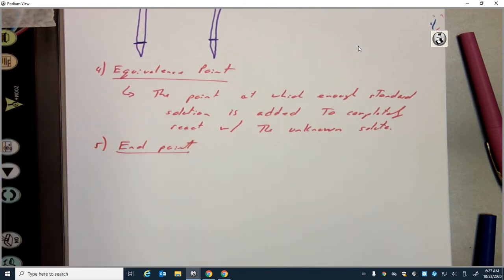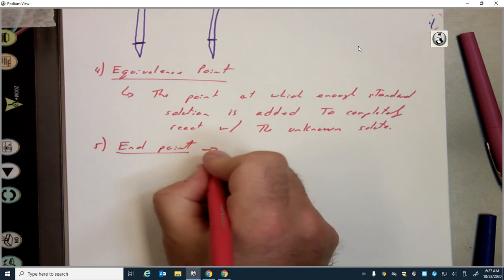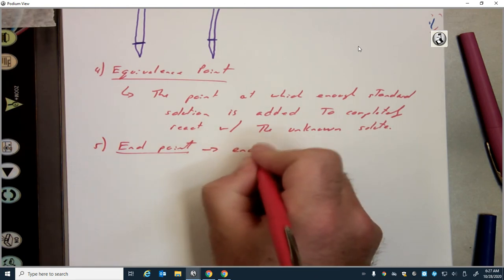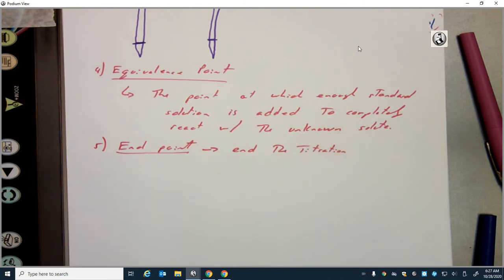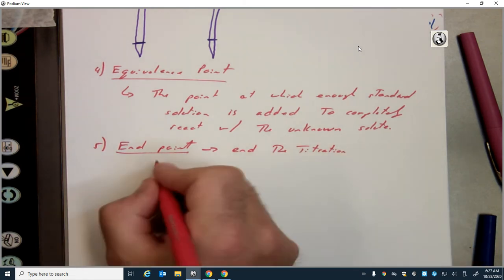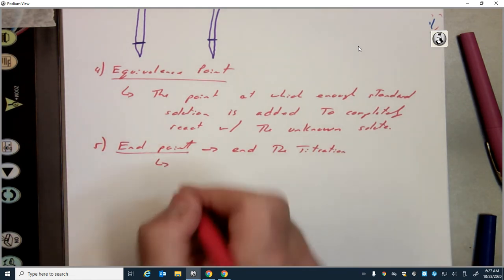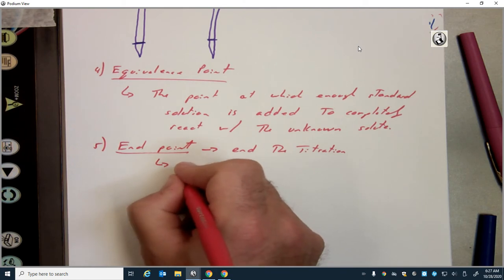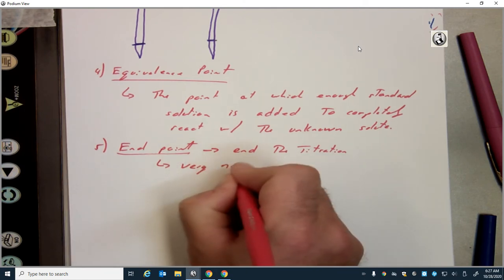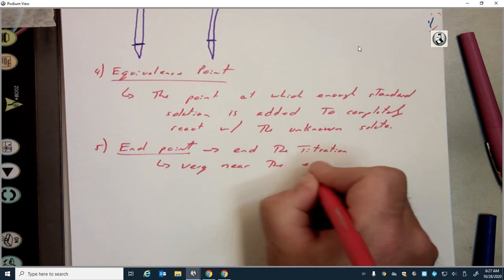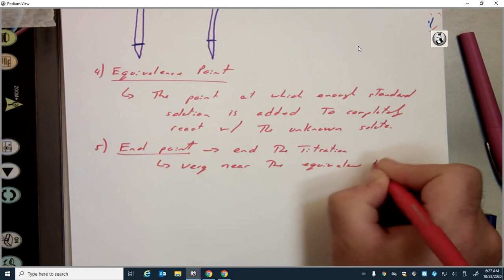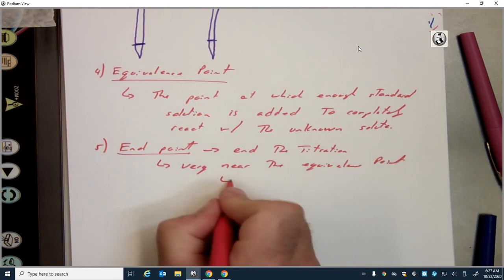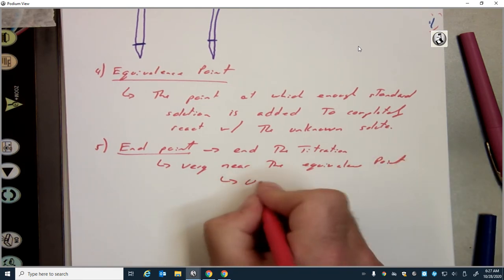All right, we need to talk about the end point. The end point is just the end of the titration, and it is usually very near the equivalence point. Usually we use indicators.